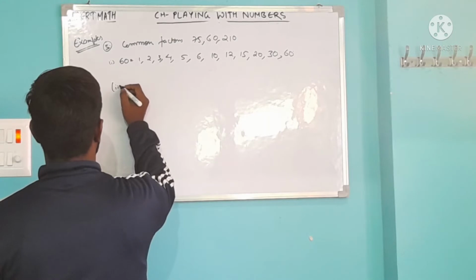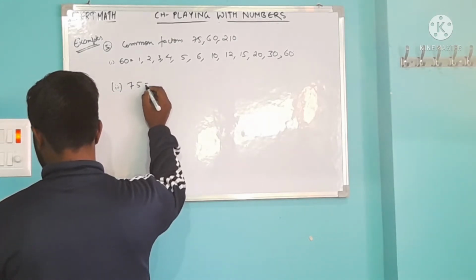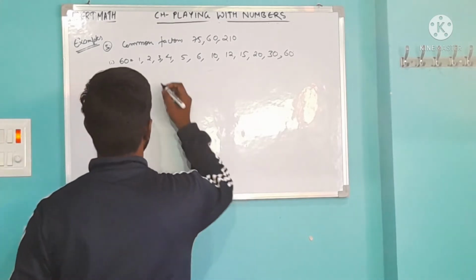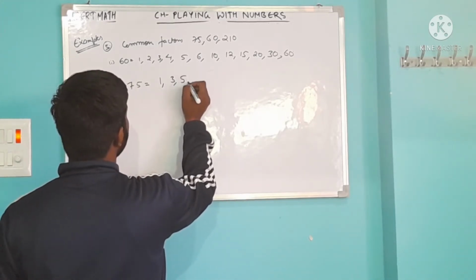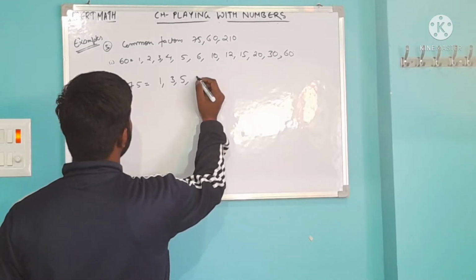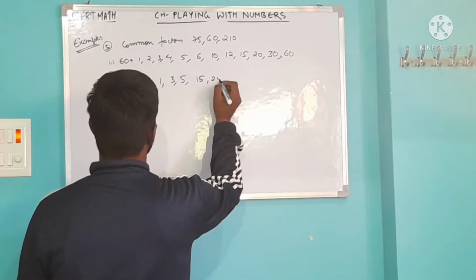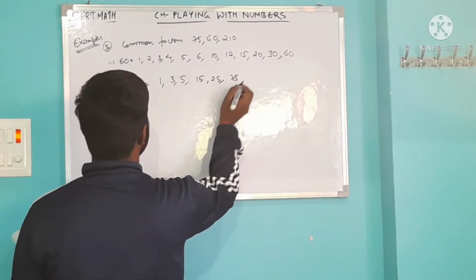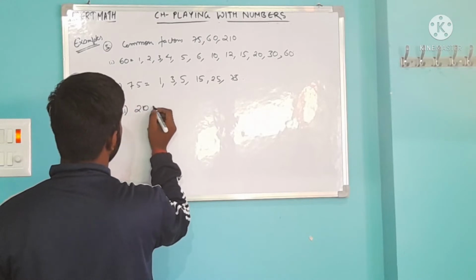Our next number is 75, whose factors will be 1, 3, 5, 15, 25 and 75.